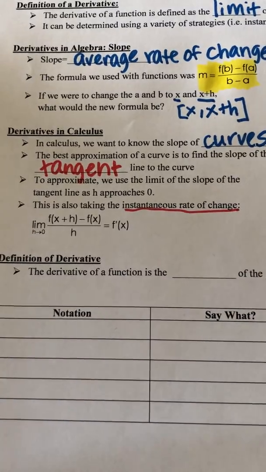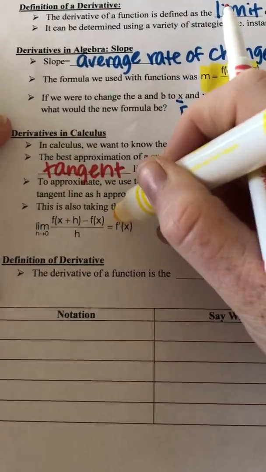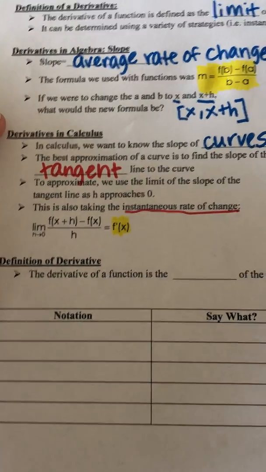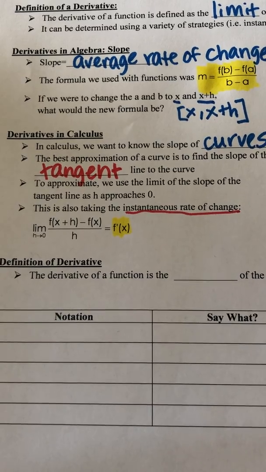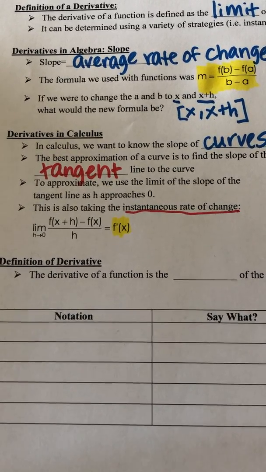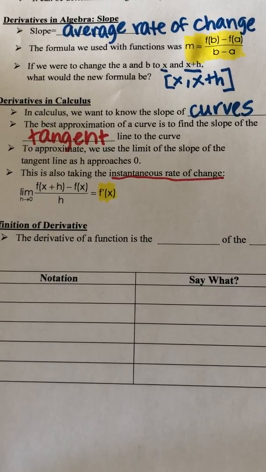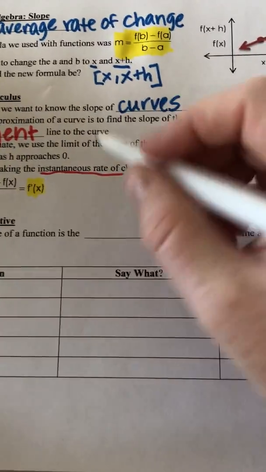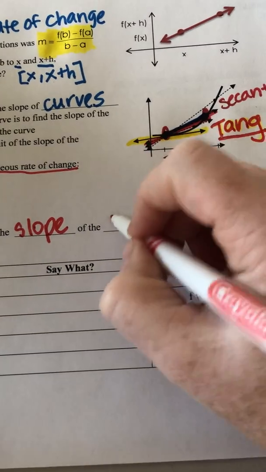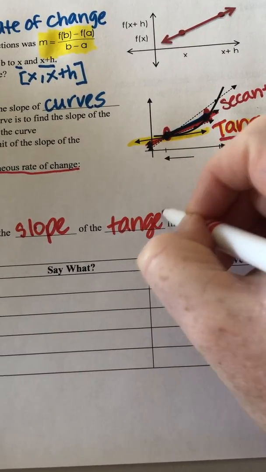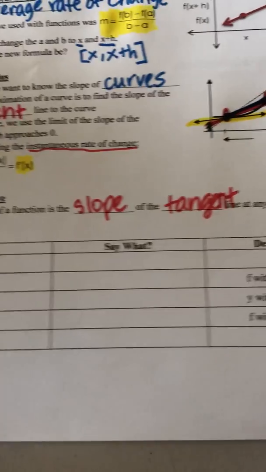And so now, this limit here, which is your instantaneous rate of change at a point, that's f prime of x, which is a derivative, okay? So the derivative of a function is the slope of the tangent line at any point on the curve.